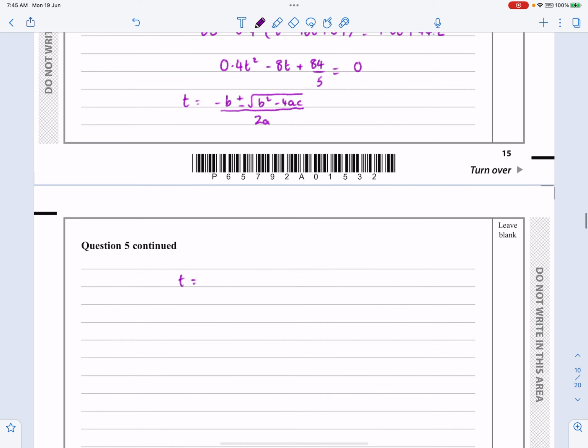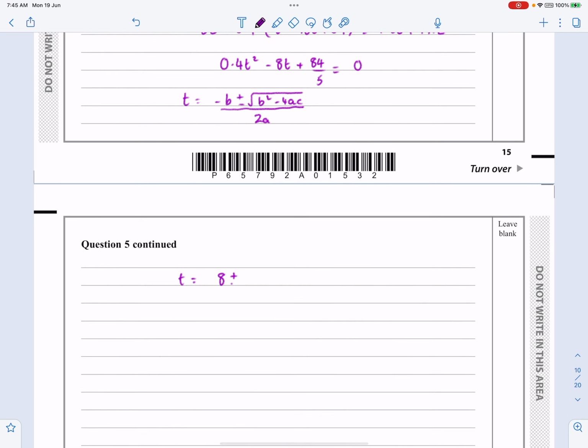So t works out to be 8 plus or minus the square root of b squared, so that's minus 8 squared, minus 4 times 0.4 times 84 over 5, all over 2a, so all over 0.8.